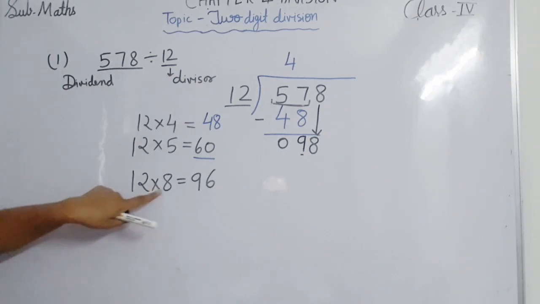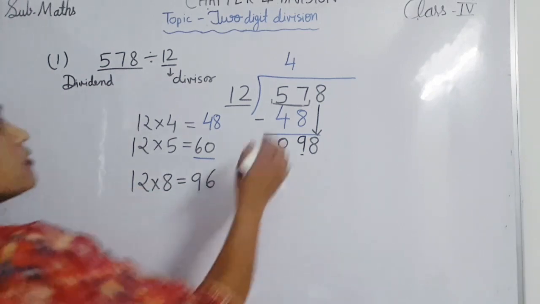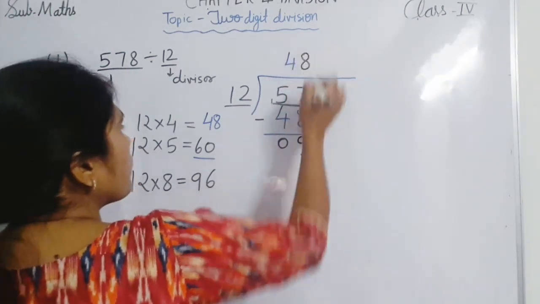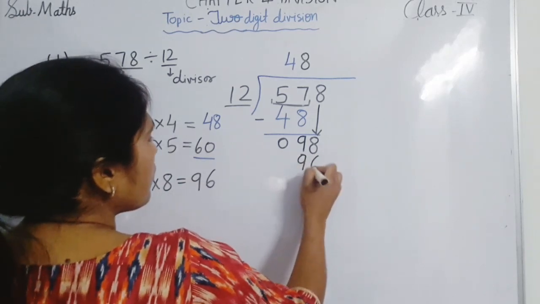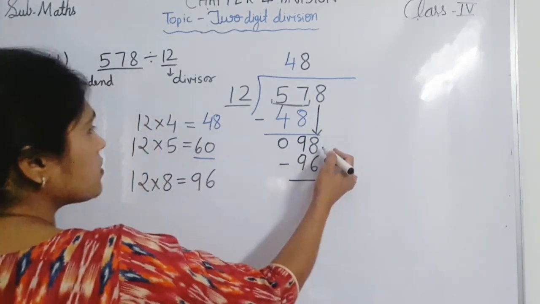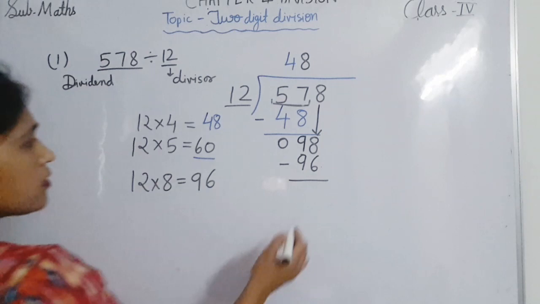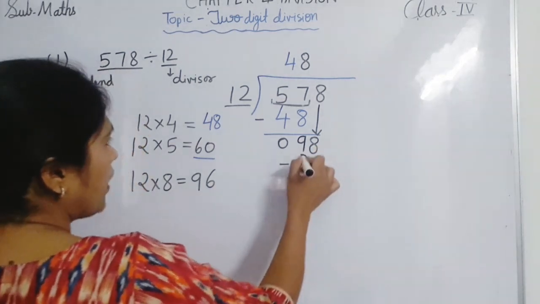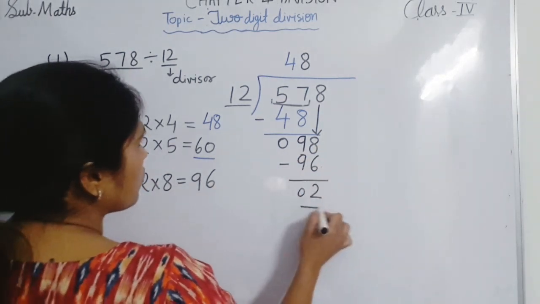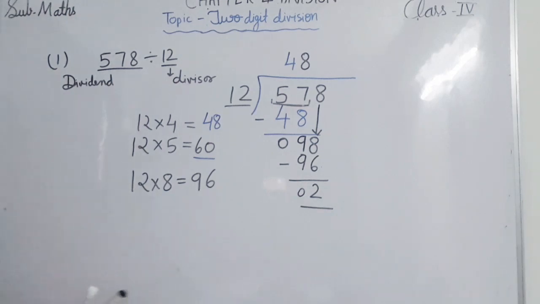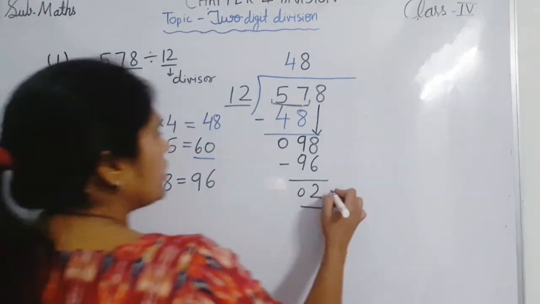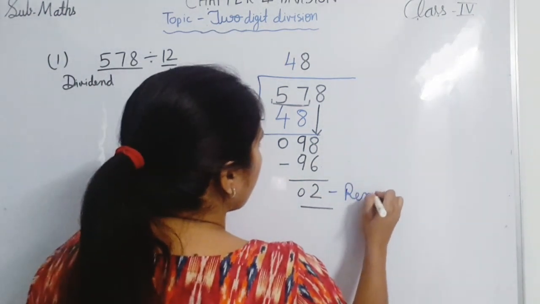So we will take 12 eights are 96. If you subtract this, 8 minus 6 is 2. 9 minus 9 is 0. So what is the remainder? 2 is the remainder.